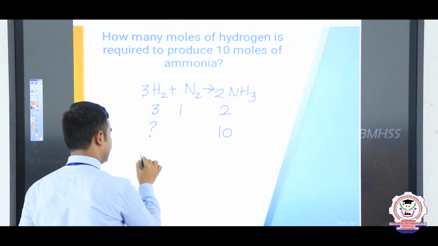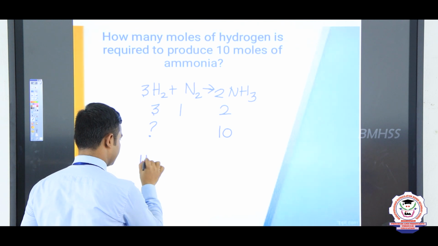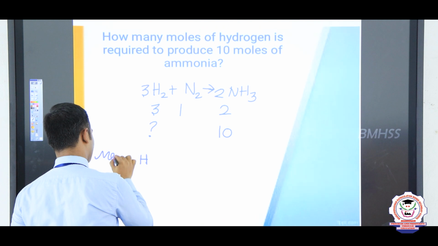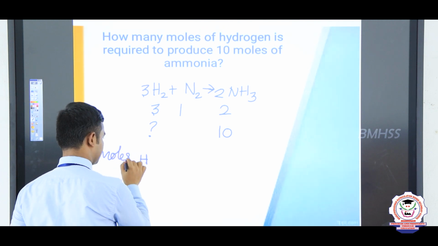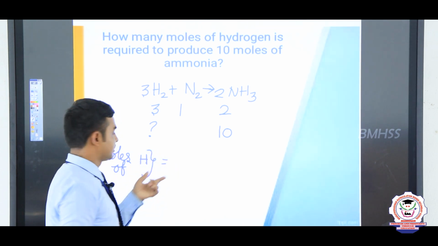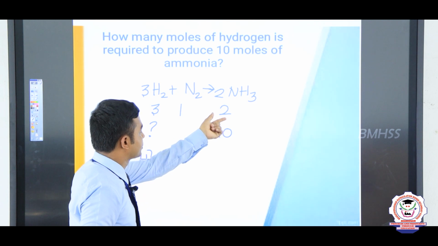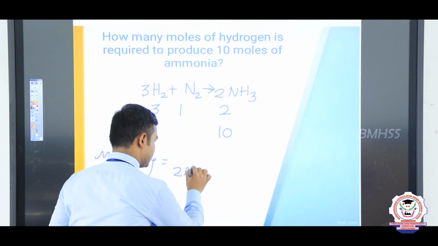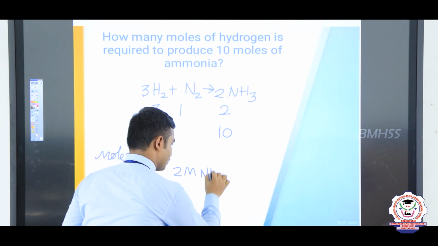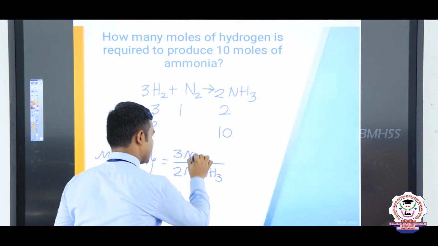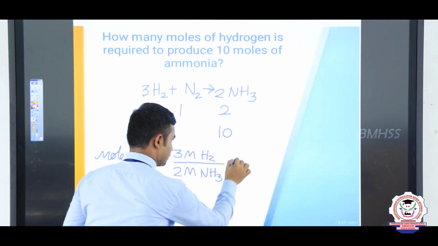So we need to find the moles of hydrogen. Let us see, 2 moles of ammonia require 3 moles of hydrogen. So the first information is that 2 moles of ammonia require 3 moles of hydrogen.